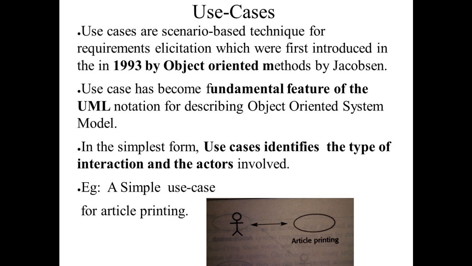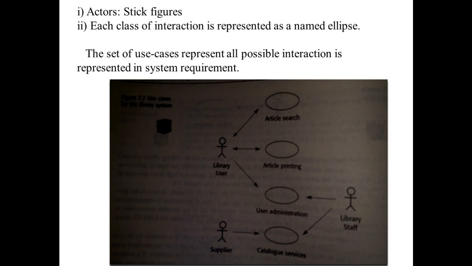In their simplest form, a use case identifies the actors involved in the interaction and names the type of interaction. Use cases are then supplemented by additional information describing the interaction with the system. The additional information may be a textual description or one or more graphical models such as UML sequence or state charts.